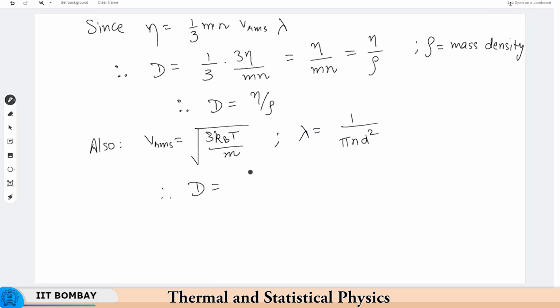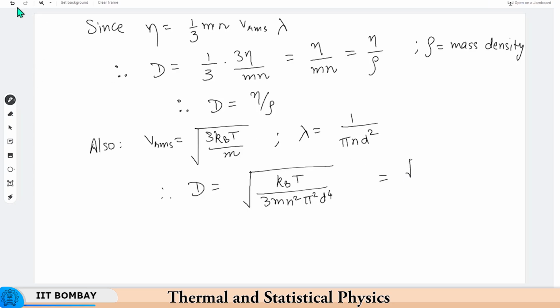If you just substitute that, you will get kBT divided by 3 m n squared pi squared d to the fourth. I have just moved everything inside the square root. Or more conveniently, I can write it as follows, square root of.